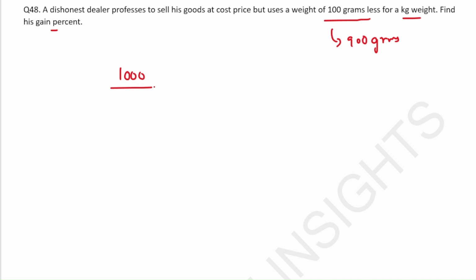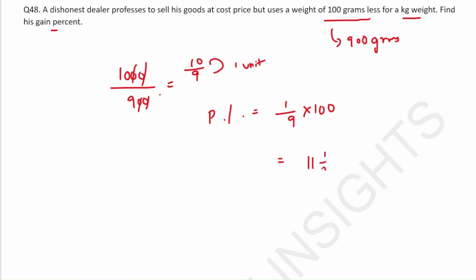Actual weight is 1,000, and then he's using 900 grams. So 0, 0 cancel. So 10 by 9. That means he's getting profit by 1 unit. Yes or no? Yeah, 1 unit. So that means profit percent will be 1 divided by 9 into 100. So you will get the same value as the previous question. That is 11 1 by 9%.